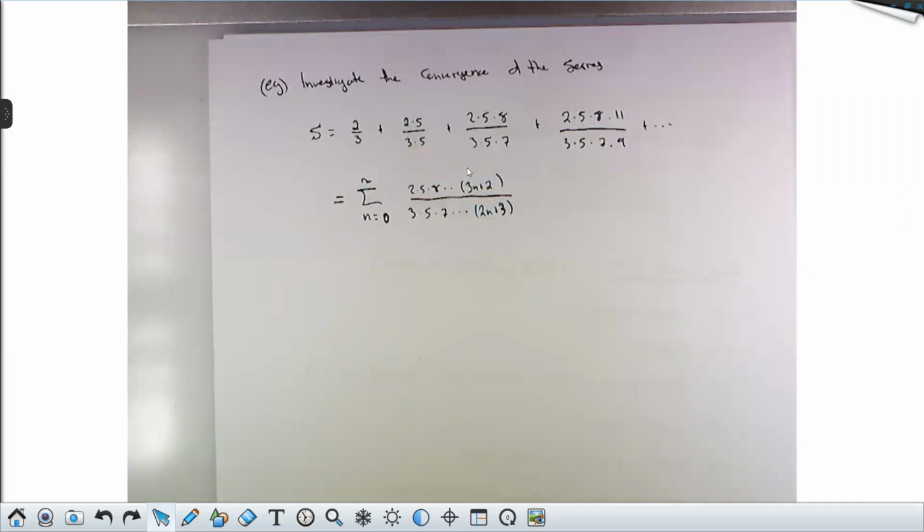If we want to test this series for convergence, the most natural thing to use here is the ratio test, because although these aren't exactly factorials, they are very similar to factorials in that they have products of positive integers up to a certain thing.